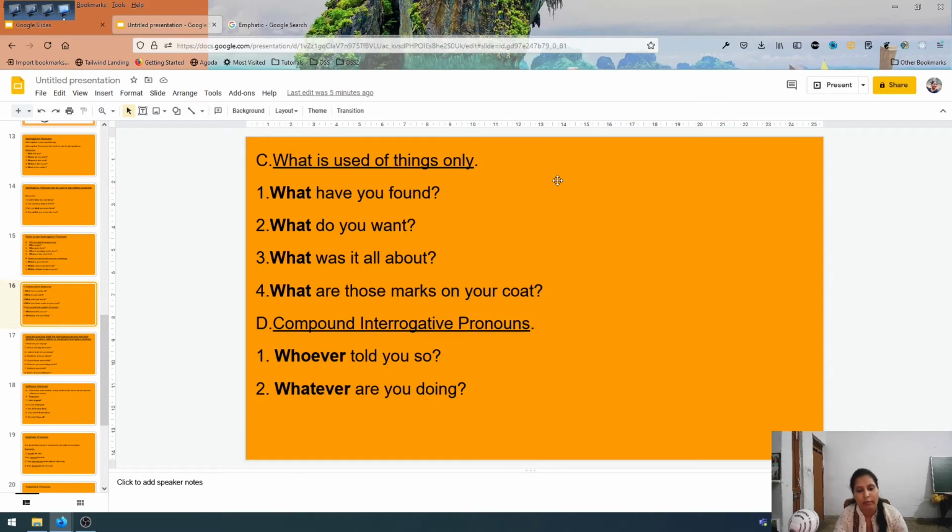So whoever told you so. So what is this whoever? It's a compound interrogative pronoun. First of all, it is compound because we have used two words to make one word. Interrogative because this is used for asking a question, and it is a pronoun. Yes. Next sentence is whatever are you doing? Yes.